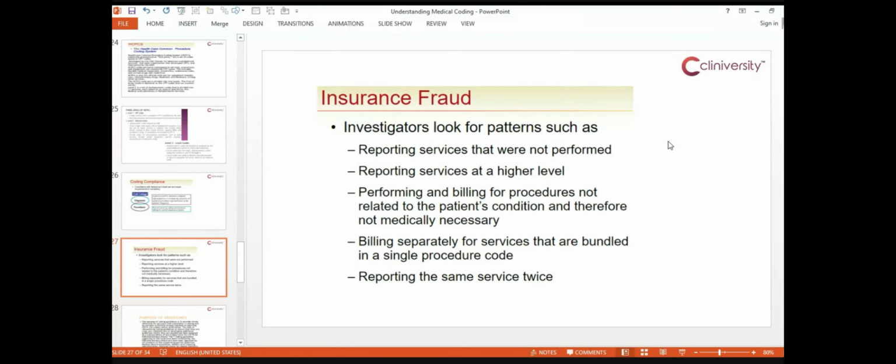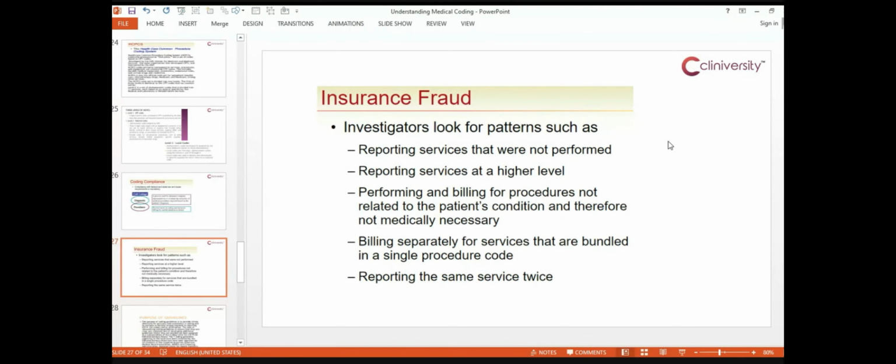Whoever the assigned investigators are, or sometimes auditors, they look for patterns such as reporting services that were not performed, reporting services at a higher level than performed, and billing for procedures which are not related to the patient's condition and therefore not medically necessary for payment. Billing separately for services that are bundled in a single procedure code is again something fishy that needs to be investigated.